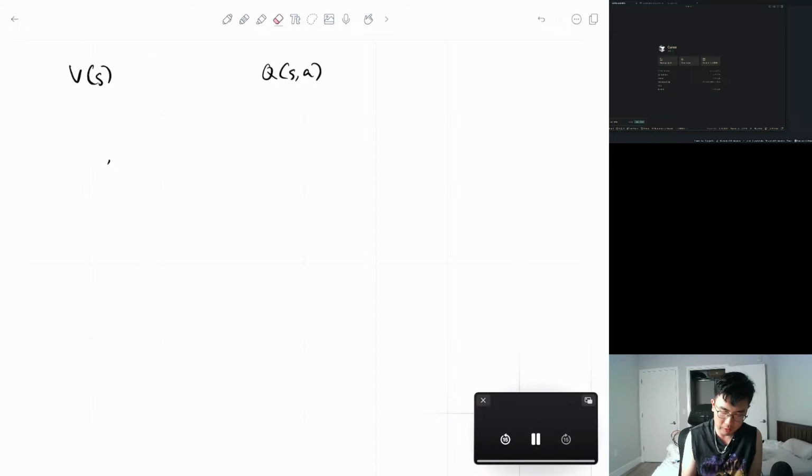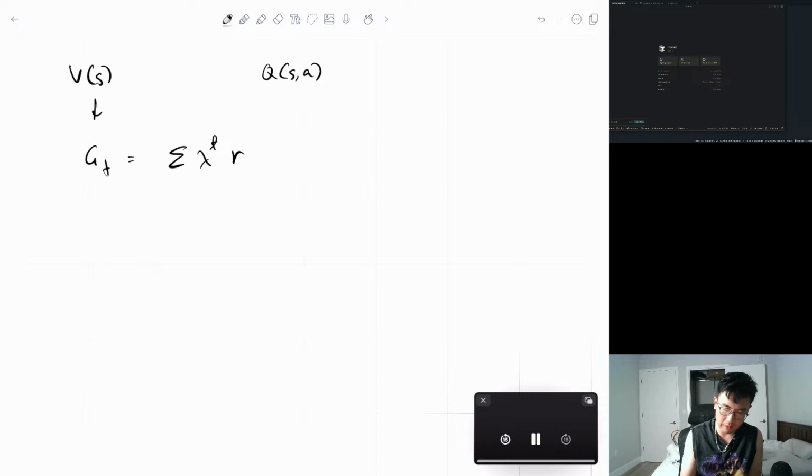The value function tries to capture your expected return. Return is often referred to as G, and this is equal to the sum of discounted rewards.